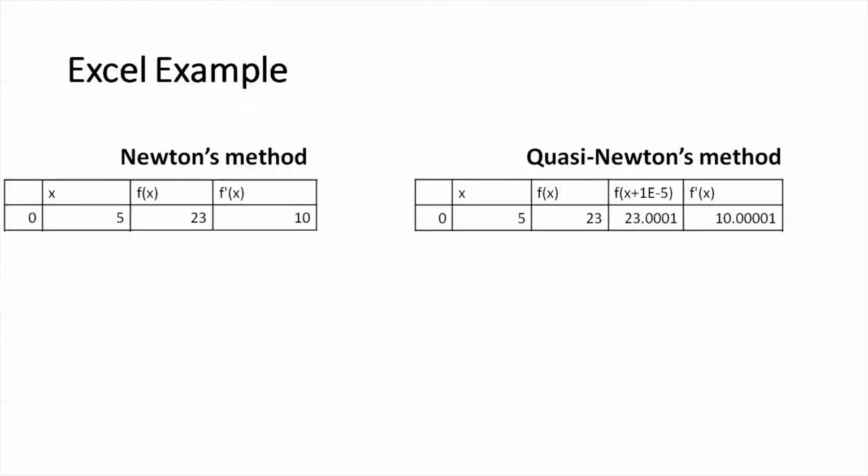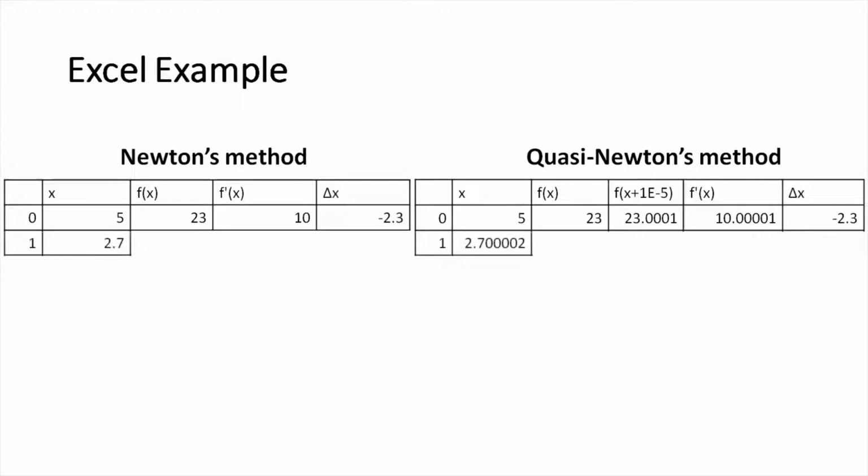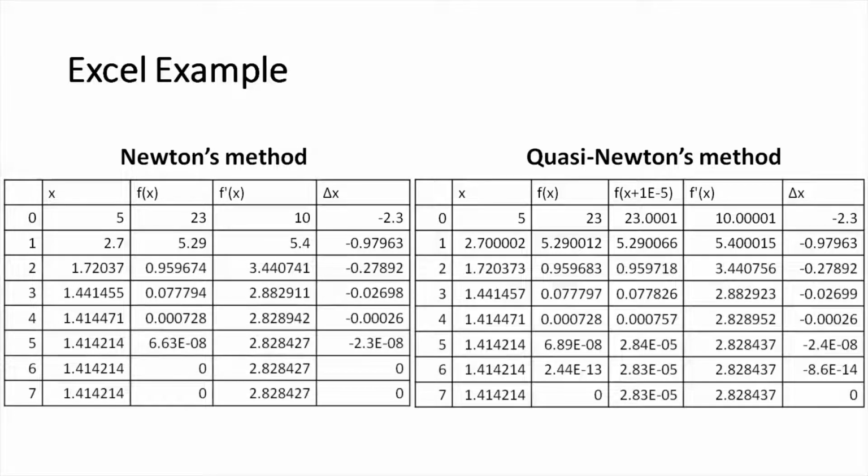And for Newton's method, we take the derivative of the equation to get the slope. And using the function and the slope, we can get the change in x to find a new x, which we'll use to repeat this process, and we'll keep going until we get a solution. And for this, it will be 1.41.